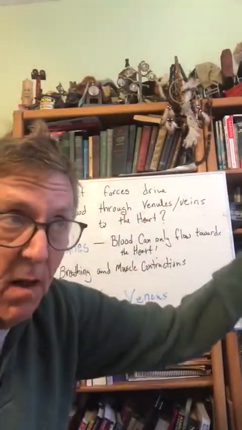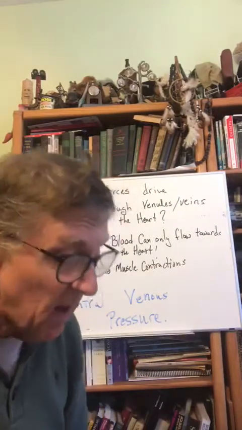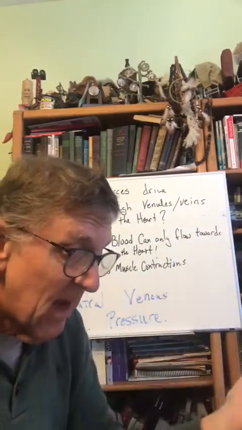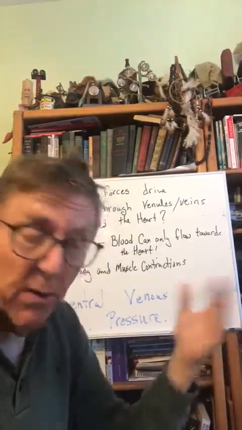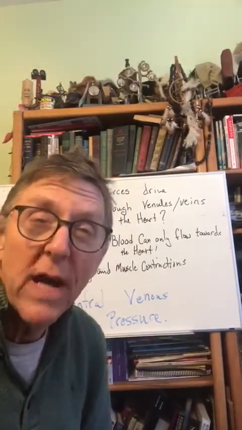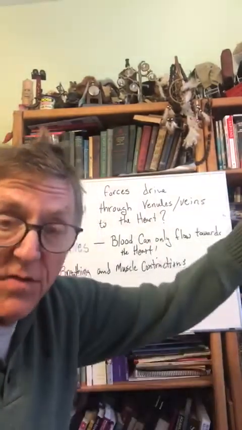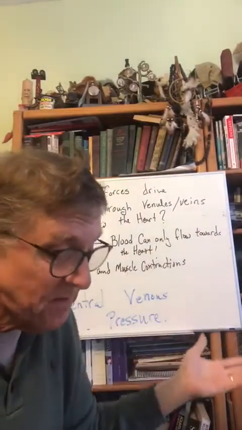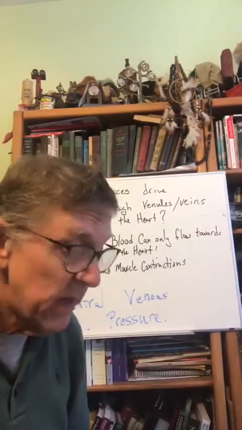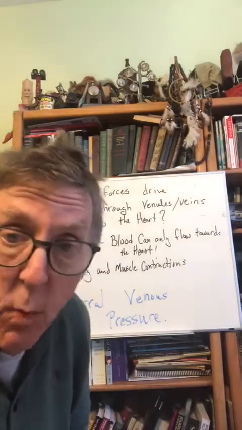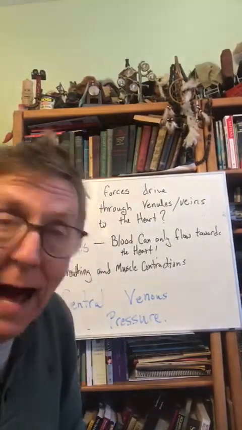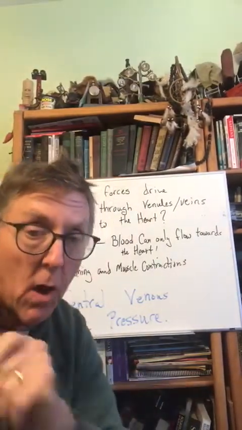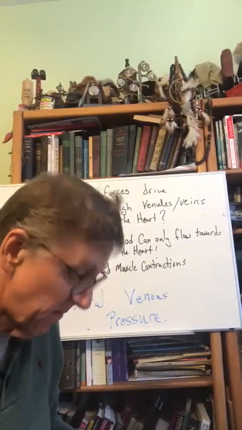So we have the systolic pressure and the diastolic pressure. The pulse pressure is the difference between the systolic number and the diastolic number. Hypertension is when your blood pressure is above 140/90, and hypotension is when you have low blood pressure.